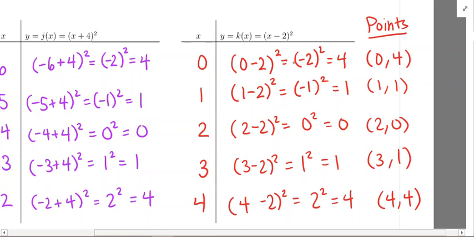Notice they are color coded. I did each table in a different color, and now we're going to return to the grid where we have all 5 functions graphed, and whatever color the table is in, the corresponding graph is in the same color. So I'm going to go back to the grid.